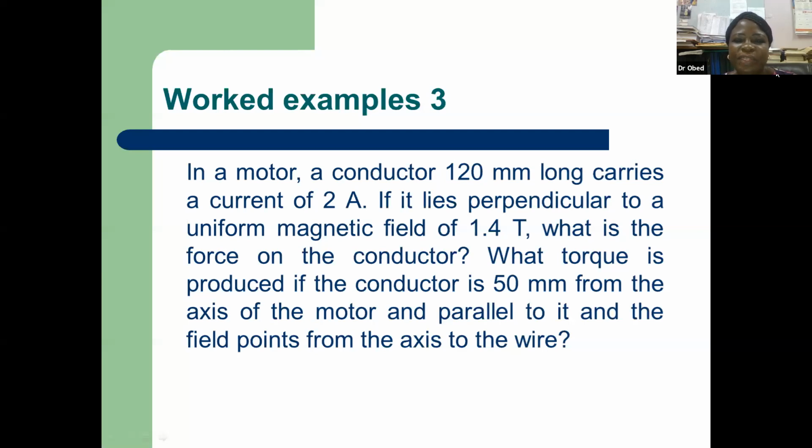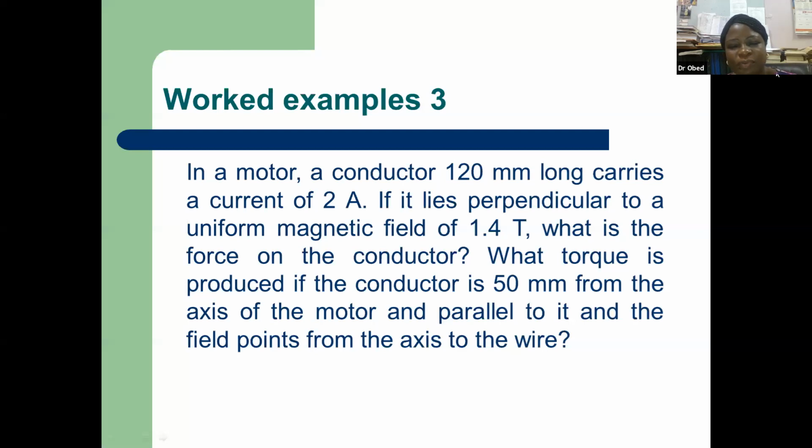So there is this one, which I hope you have written down. In a motor, a conductor of 120 millimeter long carries a current of 2 amperes. If it lies perpendicular to a uniform magnetic field of 1.4 Tesla, what is the force on the conductor?